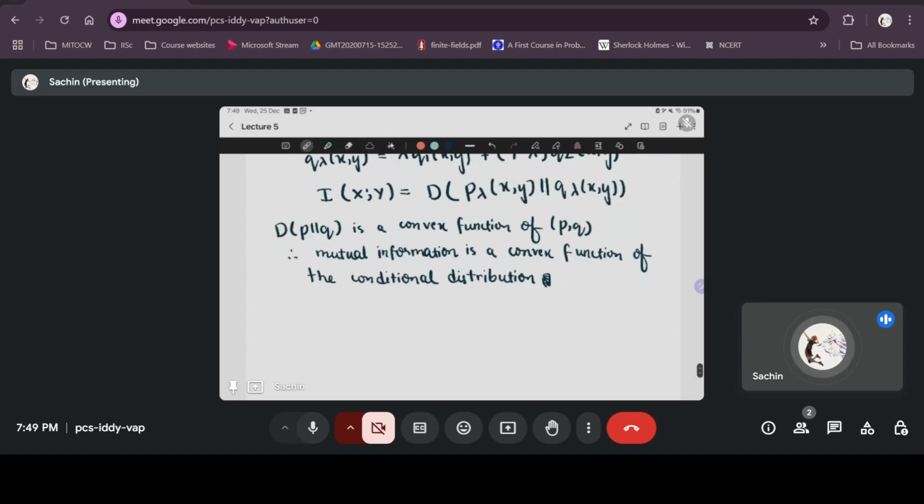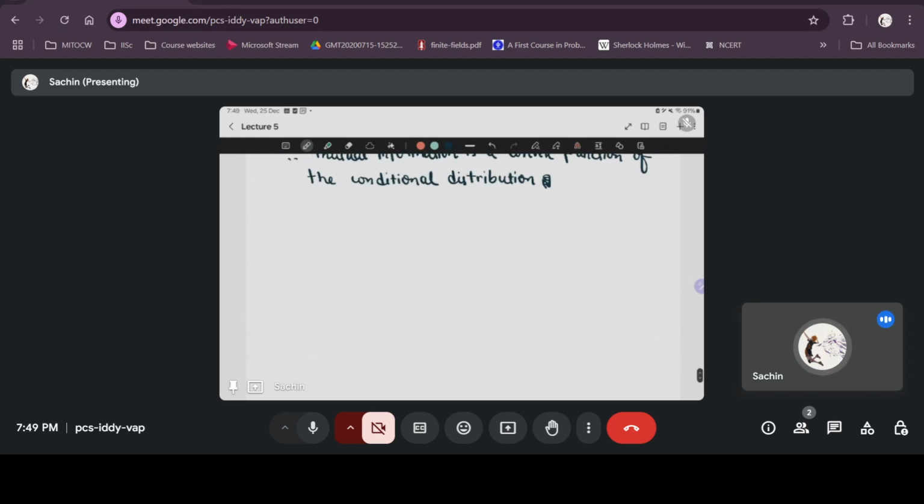Now we'll move on to the data processing inequality. Before we move on to the data processing inequality, we need a few definitions and facts.